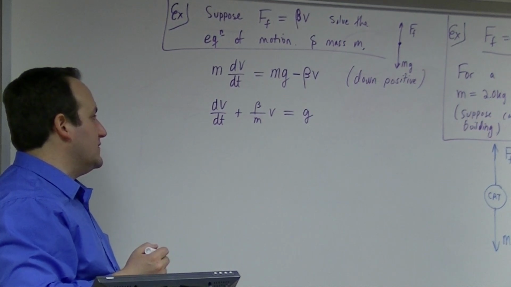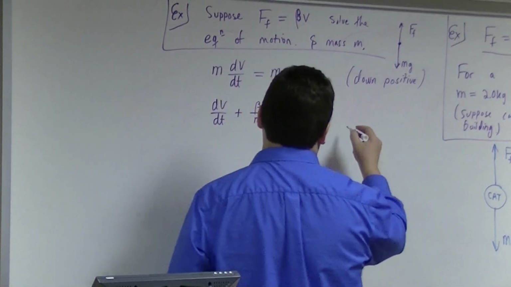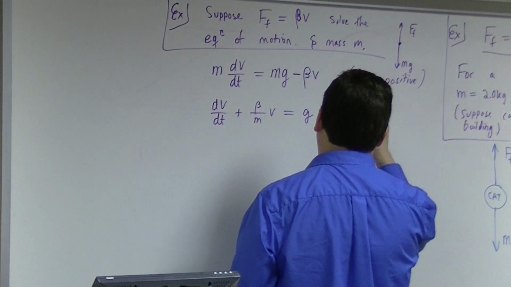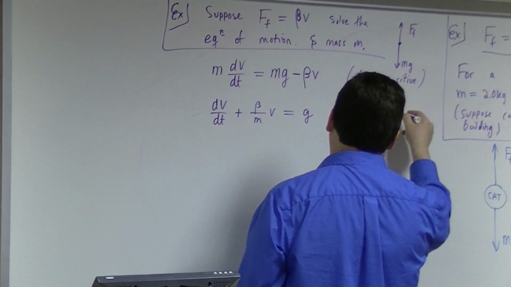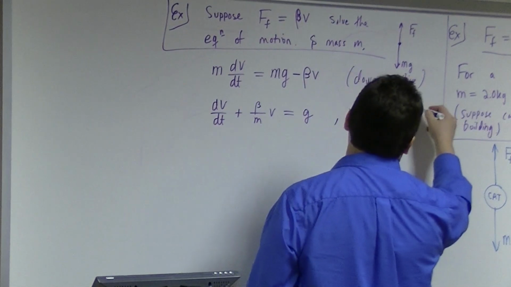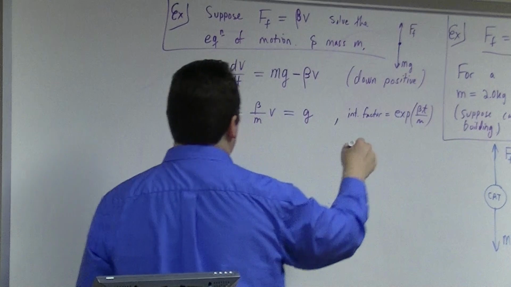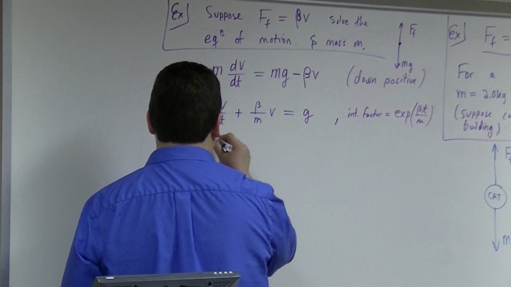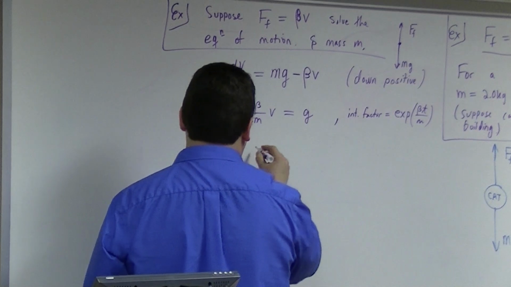So I can look at this and tell you the integrating factor here is the exponential e to the beta t over m. And if I multiply this equation by e to the beta t over m, which is certainly fair because that's non-zero, I haven't changed anything, right?